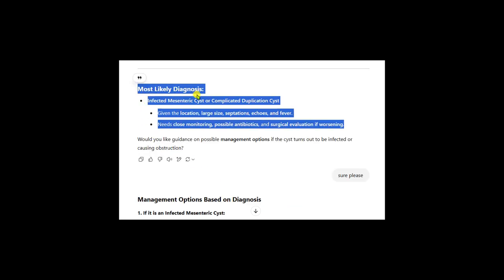Most likely diagnosis: infected mesenteric cyst or complicated duplication cyst given the location, large size, septations, echoes, and fever. Needs close monitoring, possible antibiotics, and surgical evaluation if worsening. Management options based on diagnosis: 1.